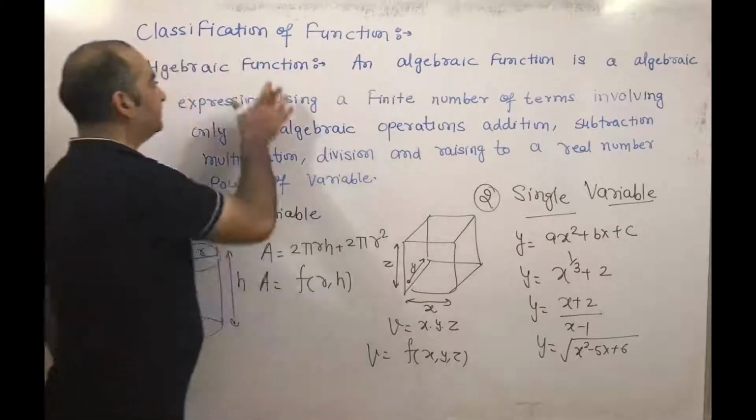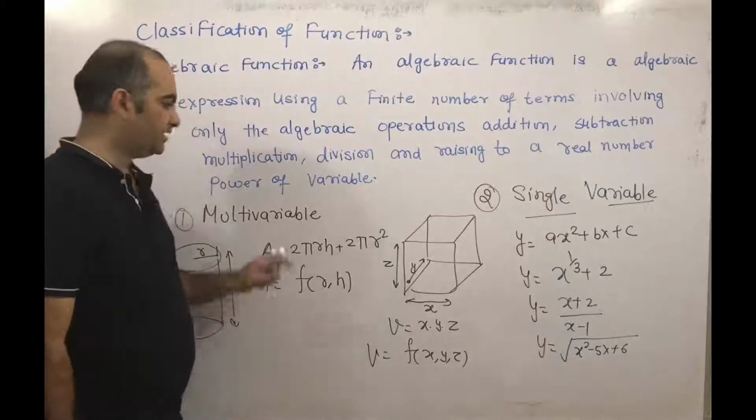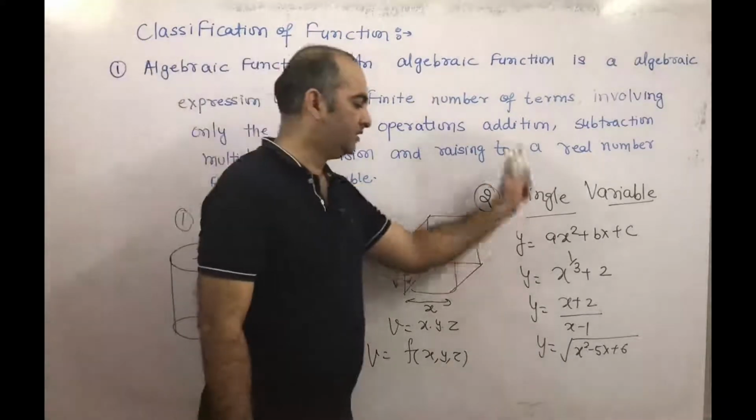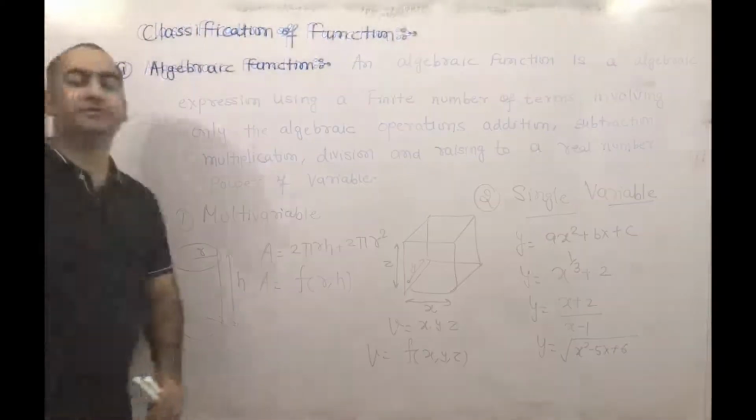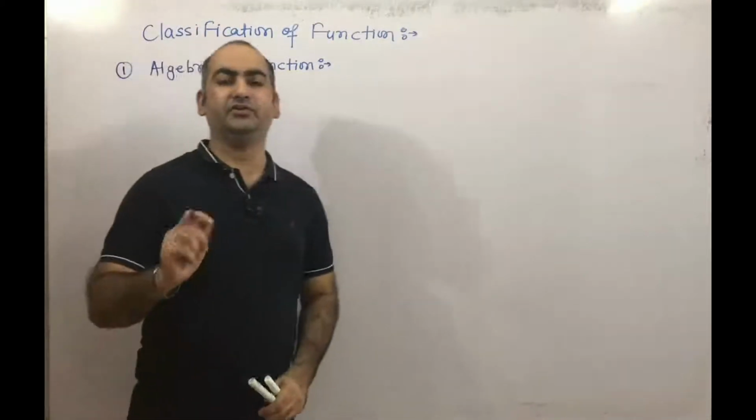So we can categorize algebraic functions into two categories: one is multivariable, other is single variable. These are the single variable examples and these are the multivariable examples. Algebraic function we can further categorize into three categories.